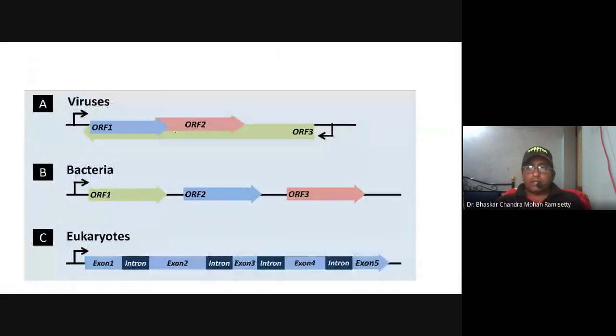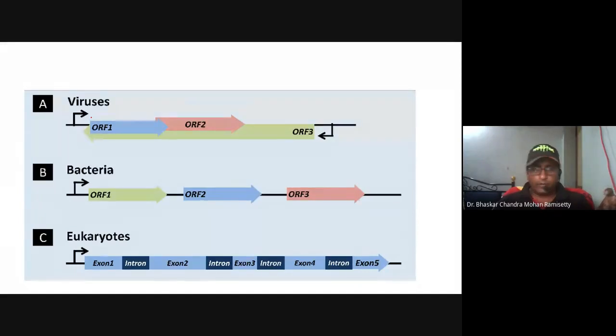The next one is about the genetic information, how it is organized. In viruses, I hope you remember what an ORF is. You can type it quickly before I keep moving ahead. So yes, open reading frame, but then what defines an open reading frame? It has a start codon, then continuous uninterrupted codons, and ends with a stop codon.